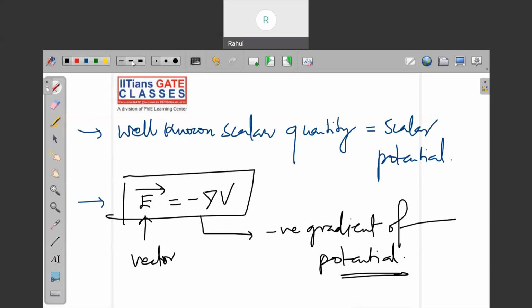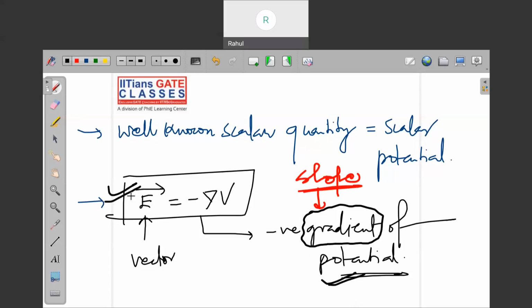Gradient basically means slope. So if somewhere the slope is there, definitely there would be some potential difference, and that is going to give you the electric field. So the electric field is basically the negative gradient of potential. If there is a slope, there would be some electric field.